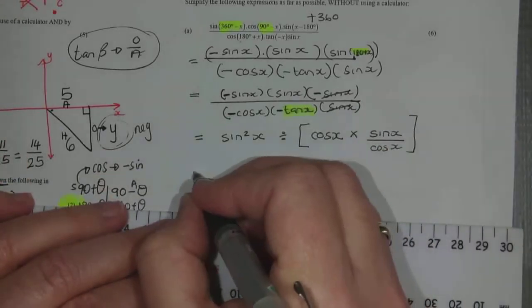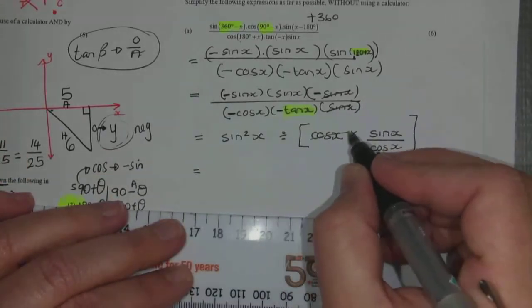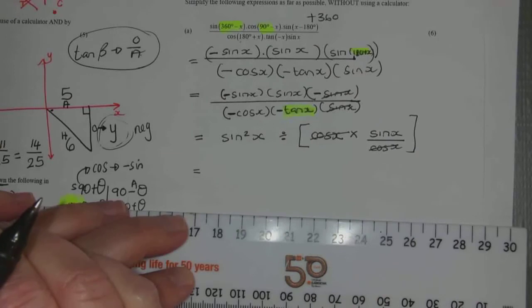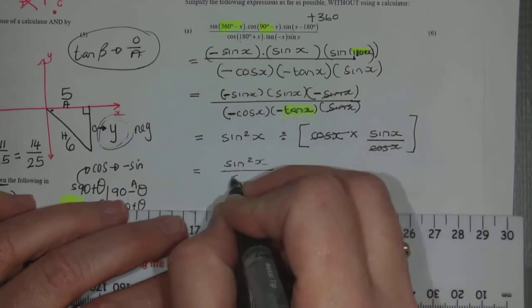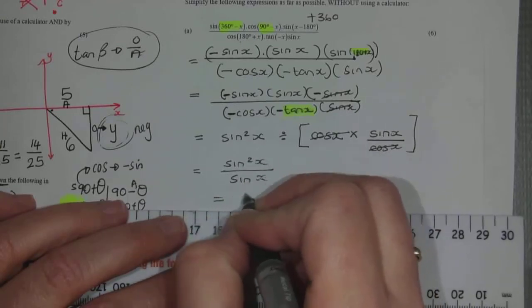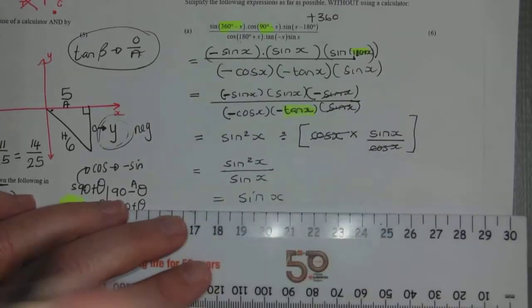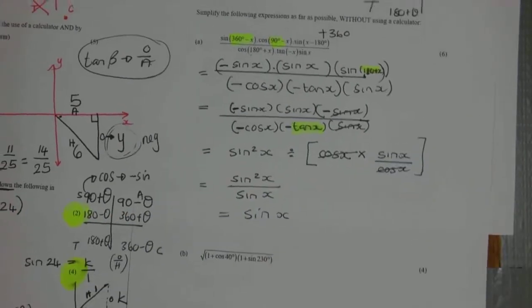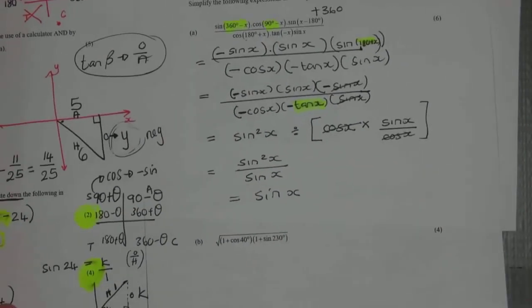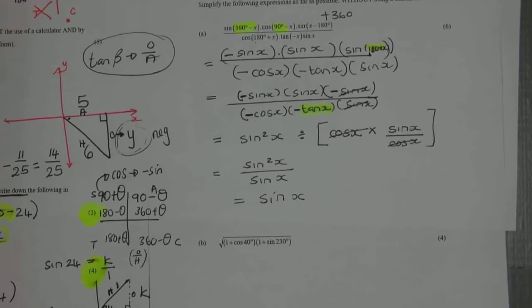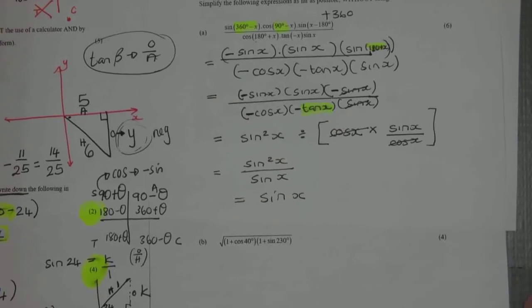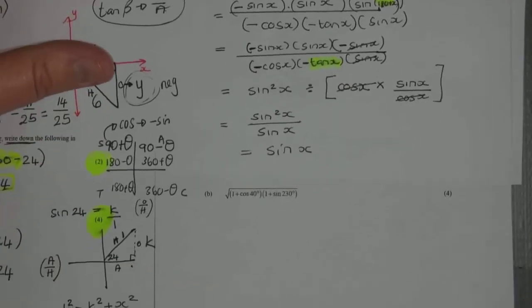Okay, so within that I notice I can cancel out the cos x, which means I have sine squared x over sine x, and my answer is then sine x. Okay, a lot of thinking going into that question, and if you don't know your theory, you won't know what to spot. Right, number B.